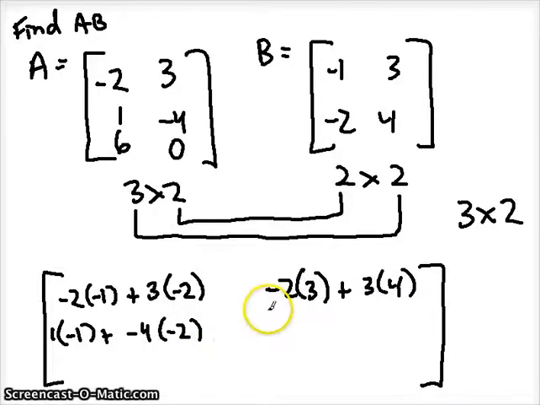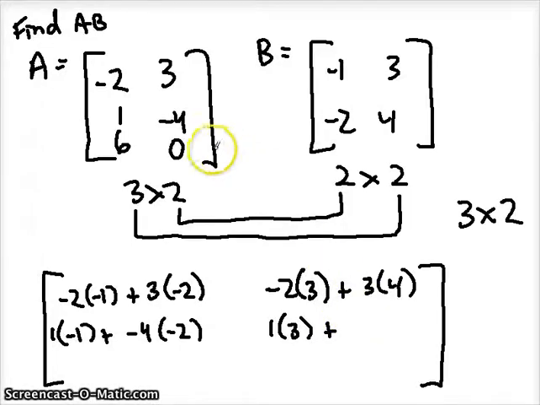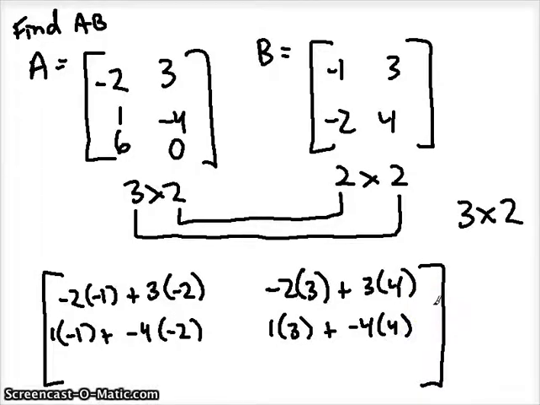We're done with second row, first column. So then we move over to second row, second column. That means we multiply second row and second column together. So first entries 1 and 3, and add that to our second entry product, -4 and 4. Okay, done with the second row.